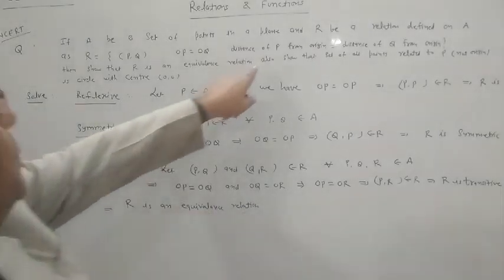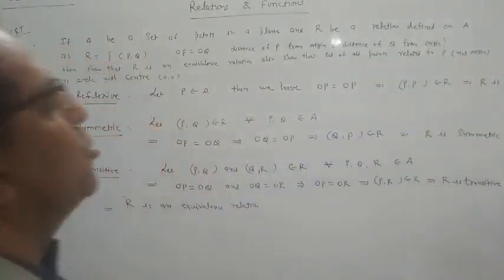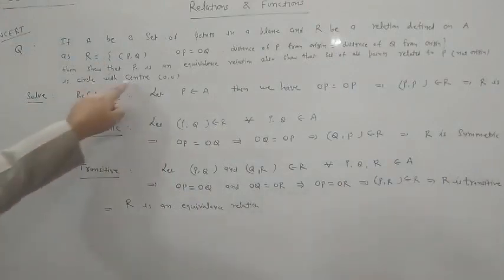Now we take the second part of the question. Also show that the set of all points related to P, not the origin, is a circle with center (0, 0).